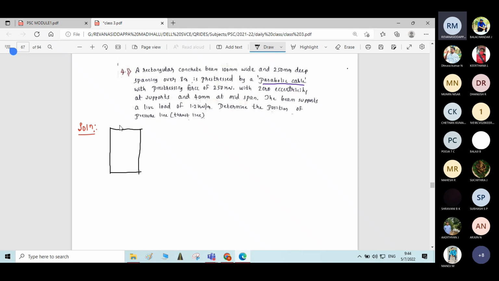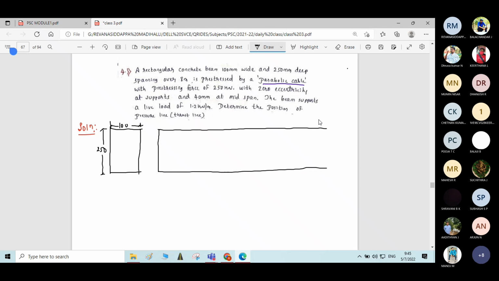The cross-sectional dimensions are 100 mm wide, 250 mm deep. The total span is 8 meter.